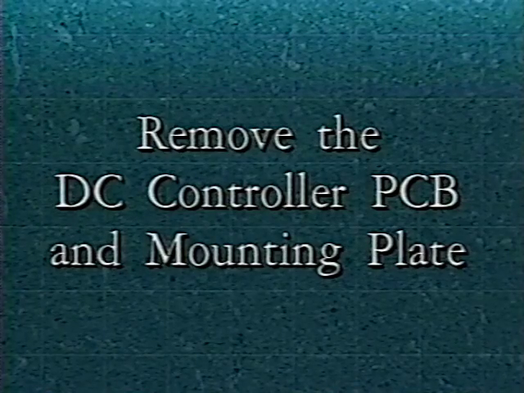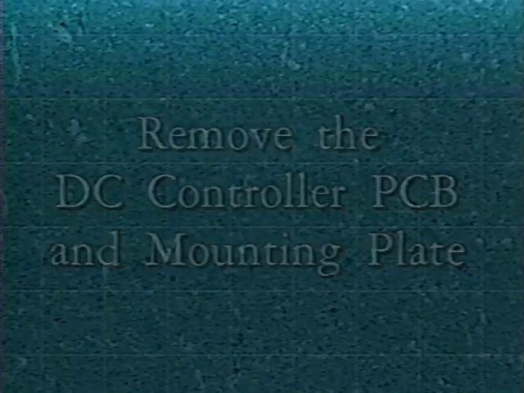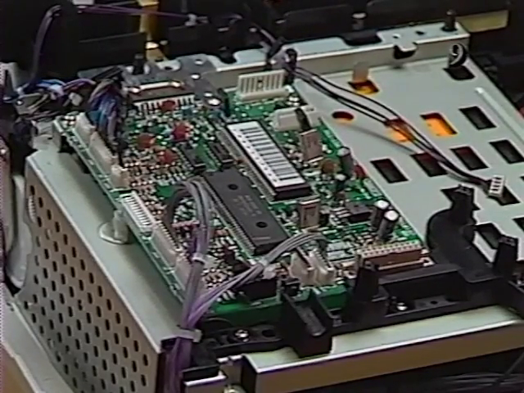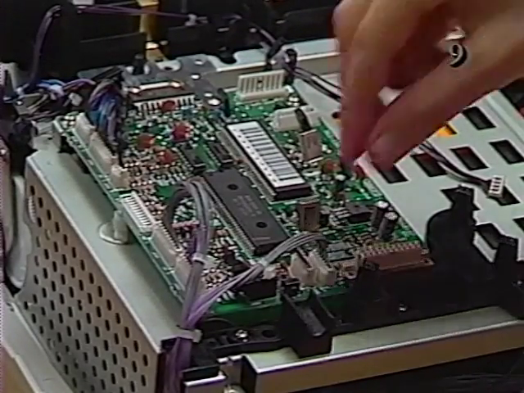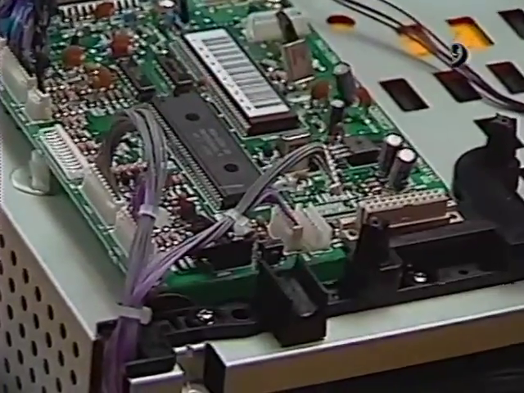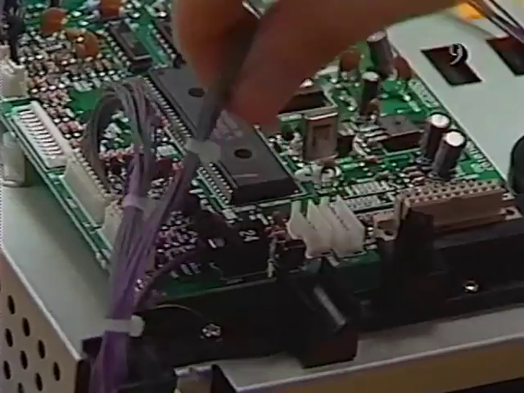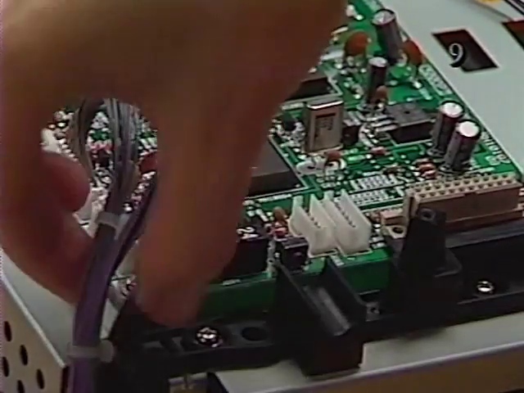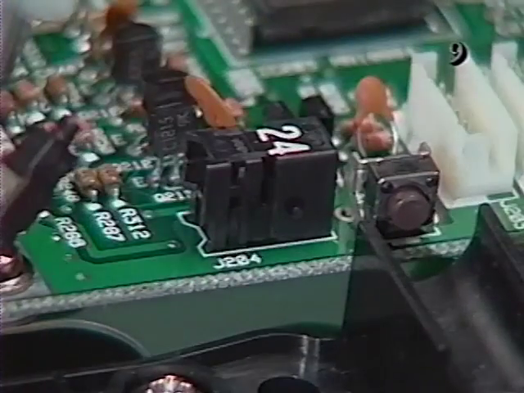Remove the DC controller PCB and mounting plate. Begin by disconnecting the following connectors from the DC controller PCB. J202, laser assembly PCB cable. J203, scanner motor PCB cable. J204, optical fiber cable.